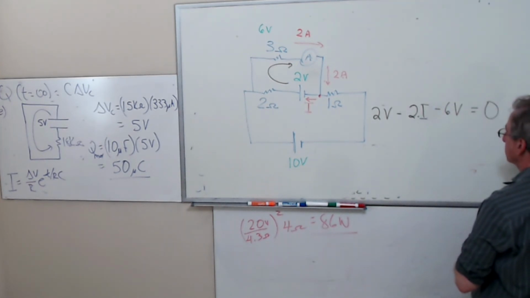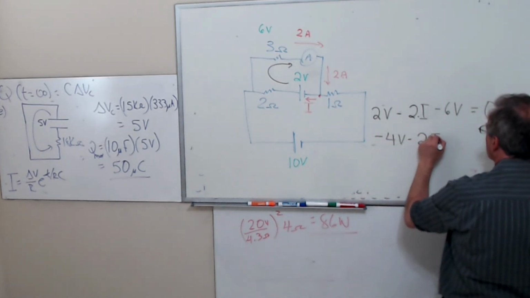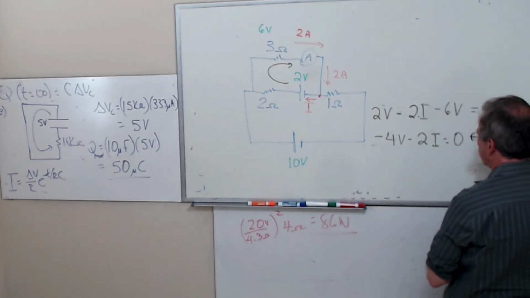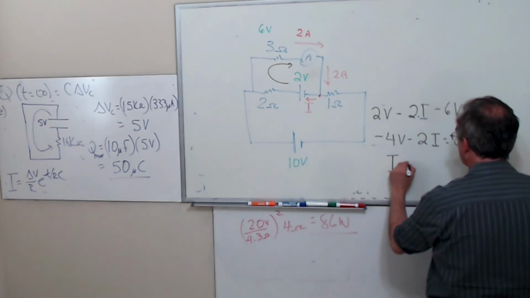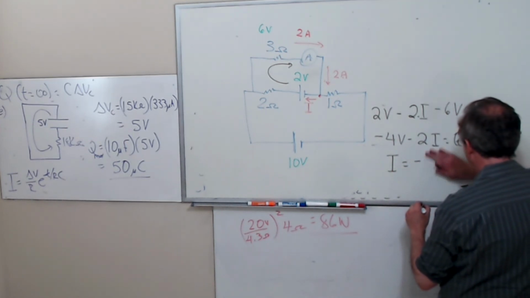That's equal to 0. So I get minus 4 volts minus 2I equals 0. So I is minus 2.